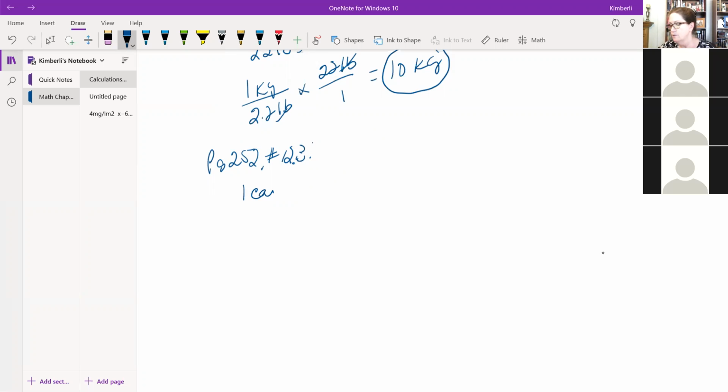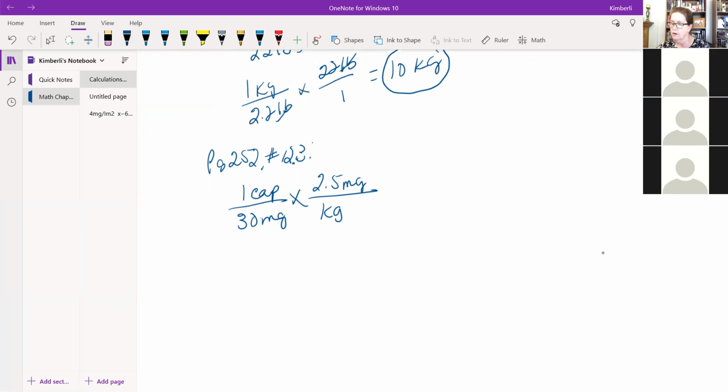So one capsule is 30 milligrams. And they're supposed to be taking 2.5 milligrams per kilogram per dose. I don't like to put 2 units on the bottom here, but you're solving for dose anyway.